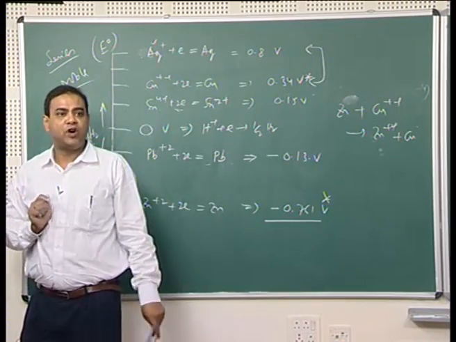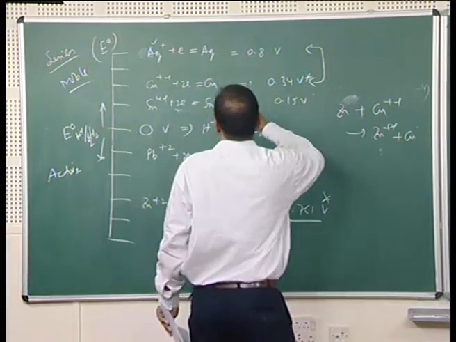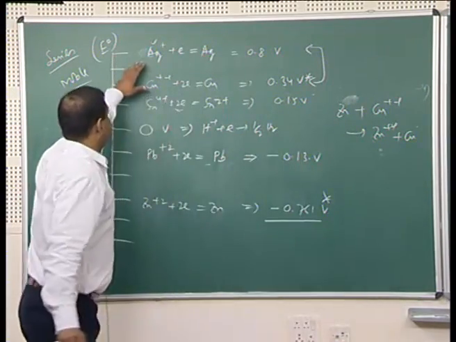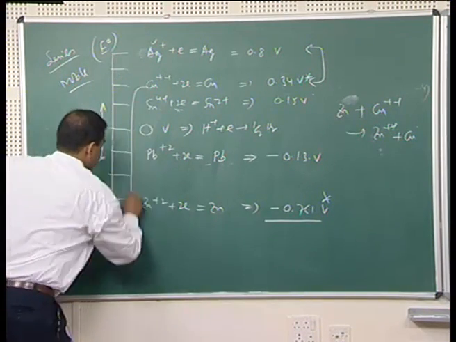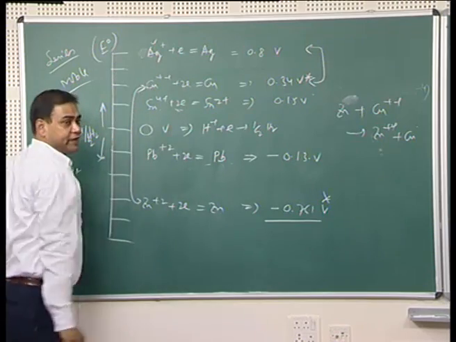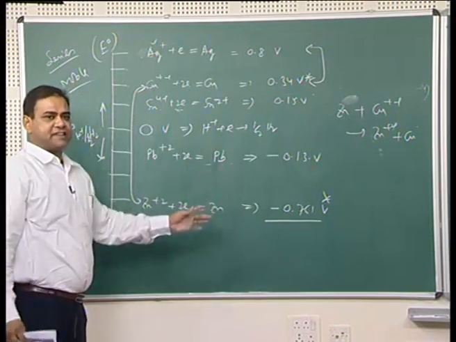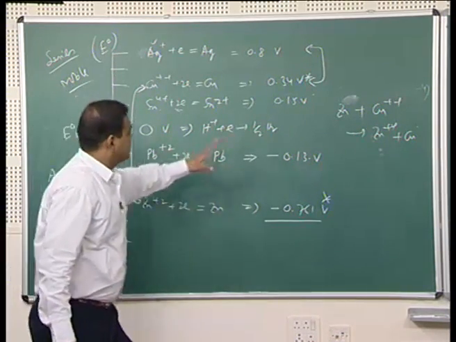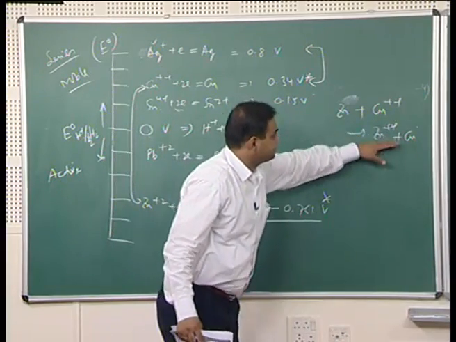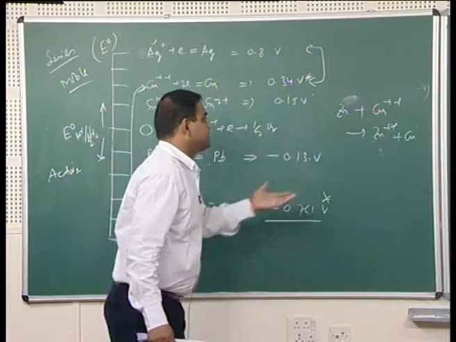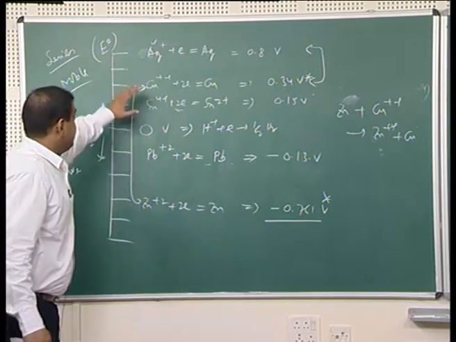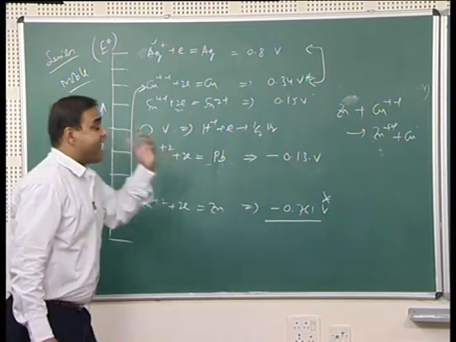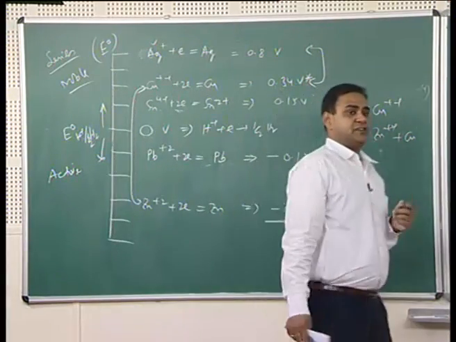If these are not 1, then if you combine copper and zinc, we cannot specifically say that zinc will corrode to form zinc plus plus and copper ion will deposit as copper. We cannot say that, because if we change the concentration, the actual potential on the electrode will change.